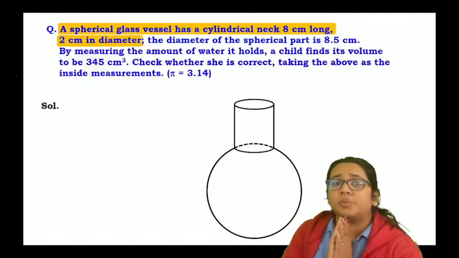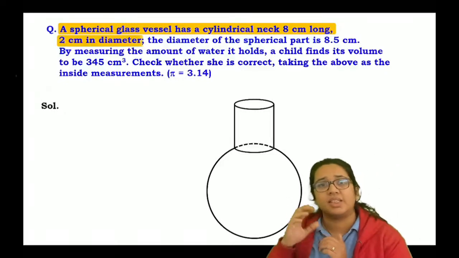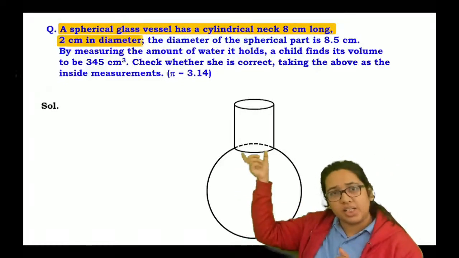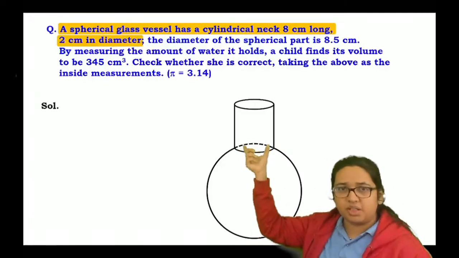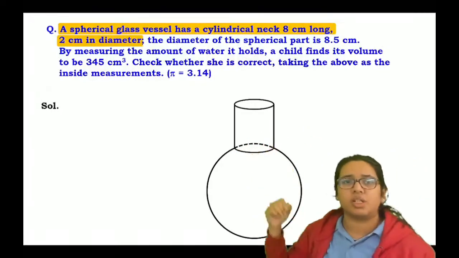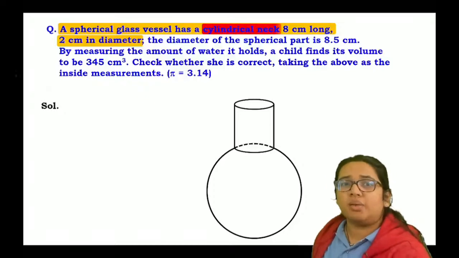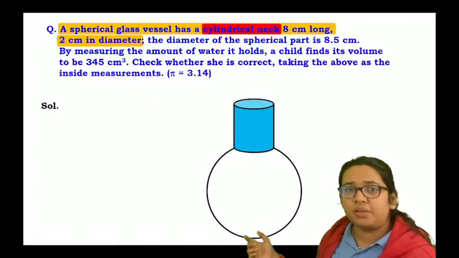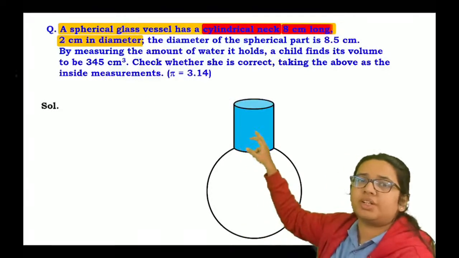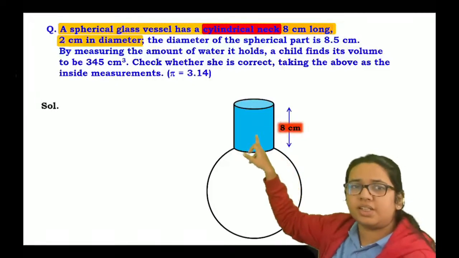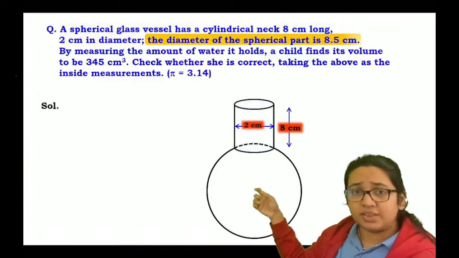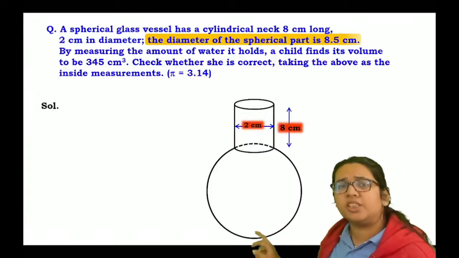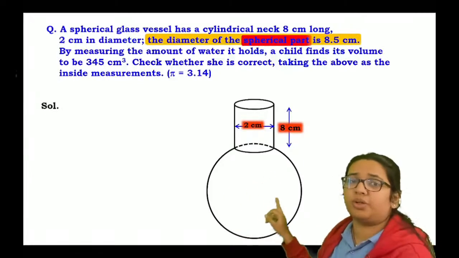A spherical glass vessel has a cylindrical neck 8 centimeter long, 2 centimeter in diameter. The diameter of the spherical part, see, this will be the cylinder of height 8 centimeter and its diameter will be 2 centimeter, as well as the diameter of the spherical part is 8.5.